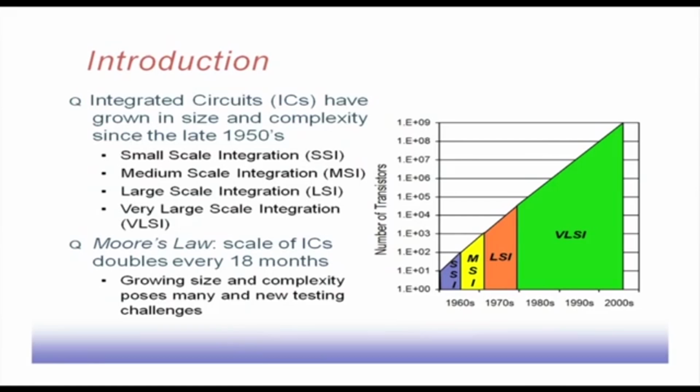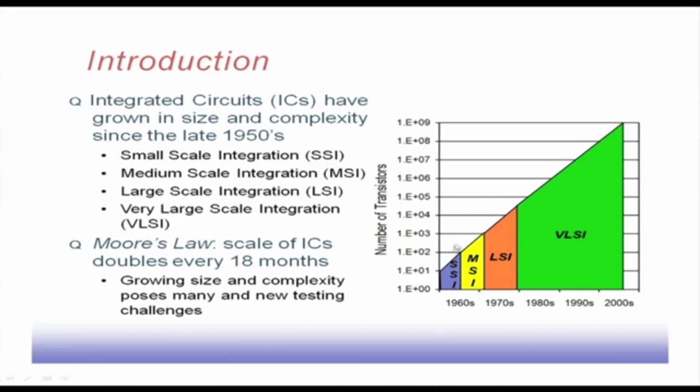So, this particular diagram shows how VLSI design has become more and more complex over the years. So, in 1960s, we started with small scale integration having 10 to 100 transistors per chip. Then in 60s to 70s, it switched over to MSI, medium scale integration.